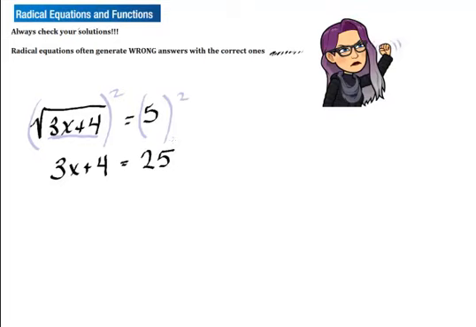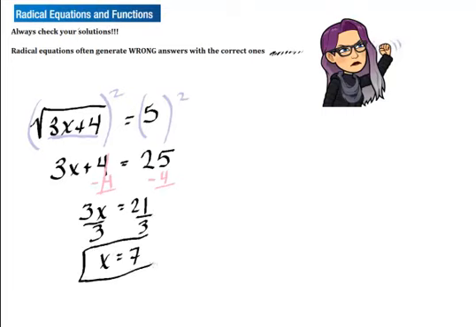So then what I'll do is subtract 4 from both sides. Chunk, chunk, you're gone. And then we'll have 3x is 21. Divide both sides by 3, and I'll get that x is 7. Now, like I said, this might or might not work. Let's check it.